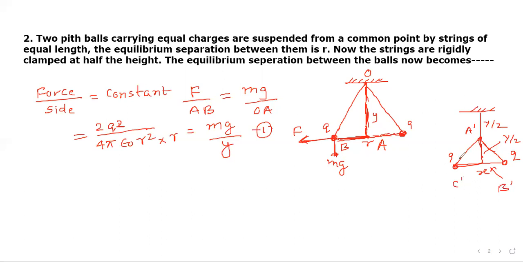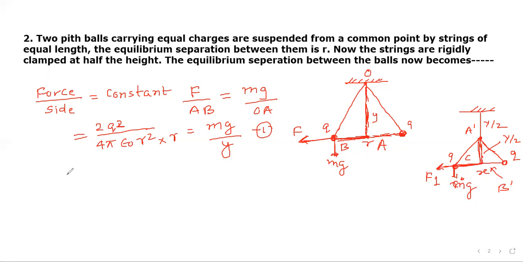Now here we are taking C dash. So in the downward direction there will be mg, and in this direction there will be force F. This time suppose we take this force as F1. The same rule we can apply: force divided by the side in the direction of it is constant.